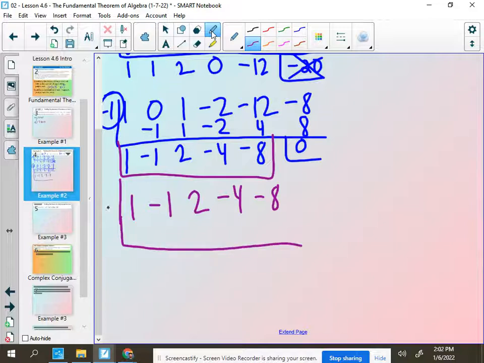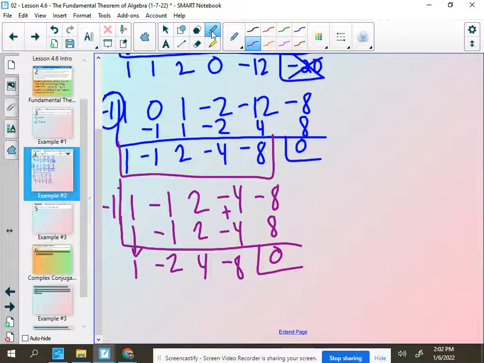But I am going to check -1 again to see if it's a repeated zero. I drop down this 1 as always to get going, and then it's the same process. -1 here, add those up. +2 here, 4. We're going to get -4 there. -4 plus -4 is -8. And sure enough, I kind of had an inkling that that was going to happen.